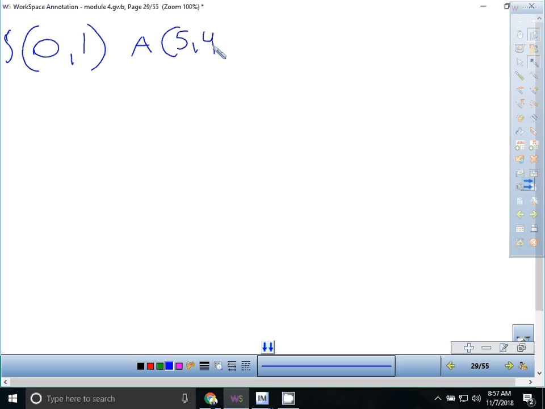All right, so we're going to write the equation of a line that goes through 0, 1, and 5, 4. So Jordan, next thing, we need to know if parallel or perpendicular, so pick somebody and ask them which they want. How do you spell parallel?